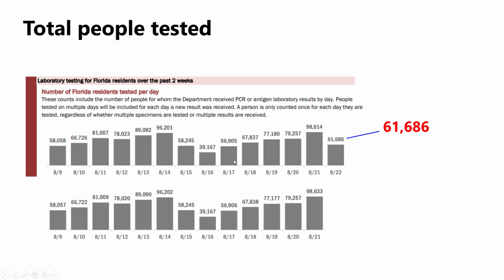So these numbers tend to change over time, and that's because we're finding duplicates on a daily basis. We might be assigning resident to non-resident status or vice versa. So again, these numbers are not going to change dramatically, at least if history serves me well on that educated guess. They're going to change very minorly relative to the total number of people that they're reporting. But again, they do change. It does not stay consistent.